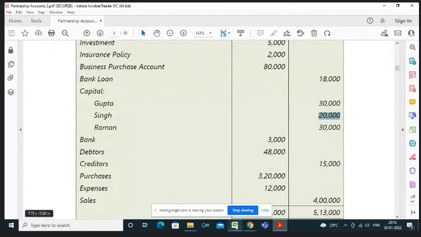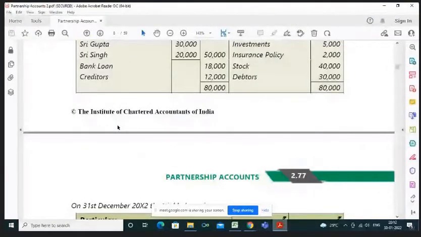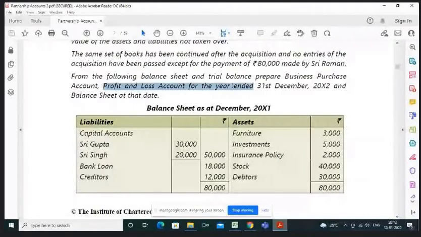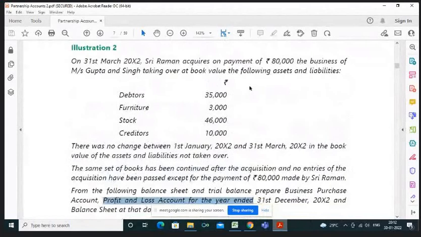So let's move on to the illustration. What are the conceptual issues involved here? First of all, if we prepare the profit and loss account for the entire year, the first 3 months' profit will belong to the partners. The next 9 months' profit will belong to the proprietor.